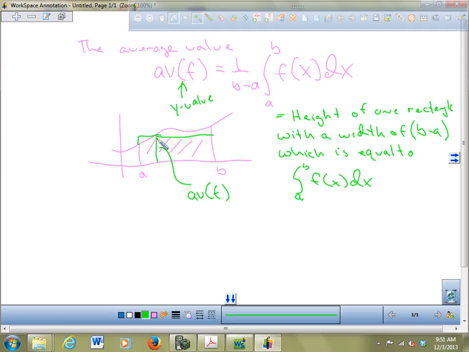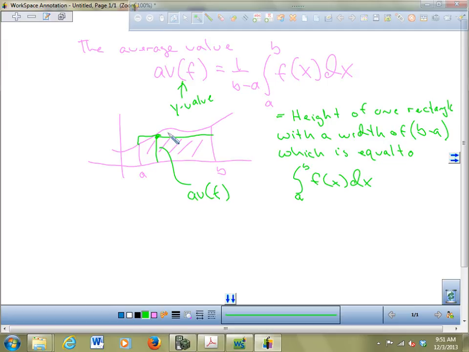In other words, if I find some height right here, and I multiply by b minus a, I would get some area, right? That area is exactly the same as the area underneath this curve.